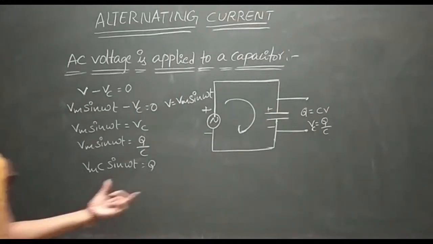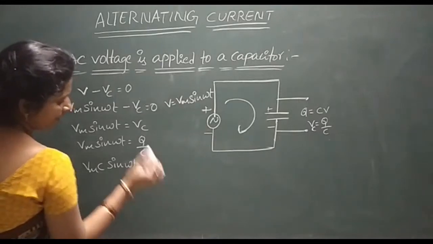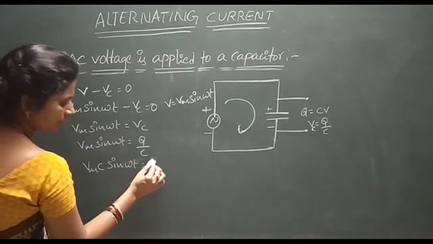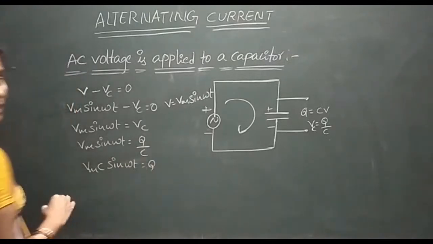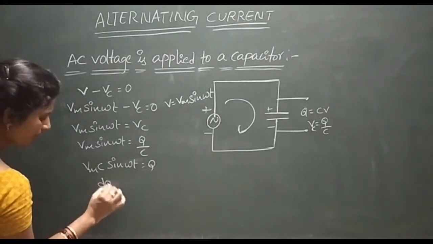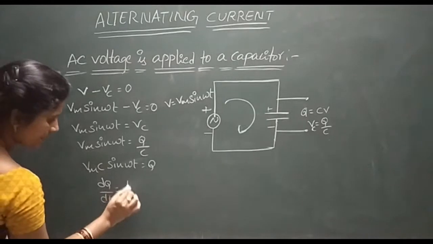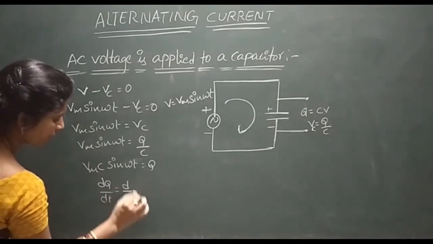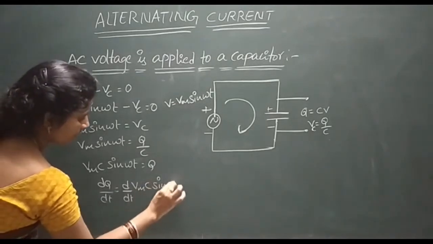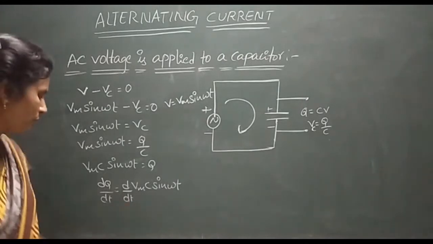We want to calculate the current, so we need dq by dt. We differentiate with respect to time, then we will get the current. So dq by dt is equal to d by dt of Vm into C sin omega t.